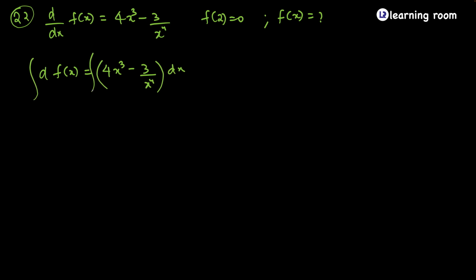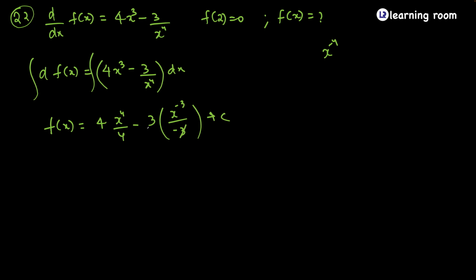So integrating on both the sides, we get f of x is equal to integral of 4x cube, which is going to be 4 into x power 4 by 4, minus 3 into integral of 1 by x power 4. Actually it is x power minus 4. So 1 by x power 4 is x power minus 4. It will be x power minus 3 divided by minus 3 plus c.